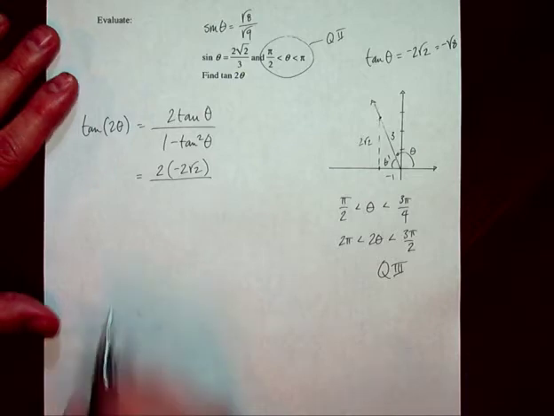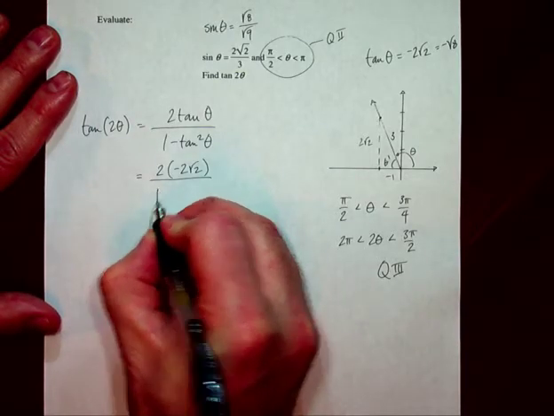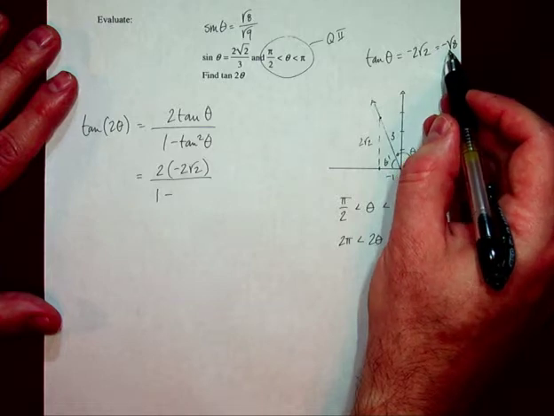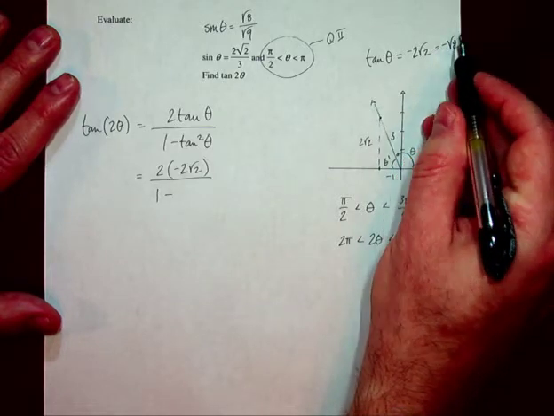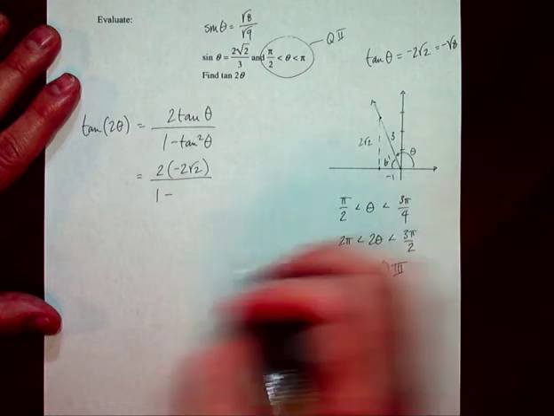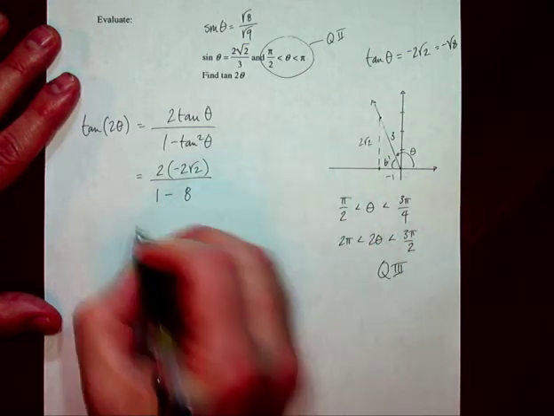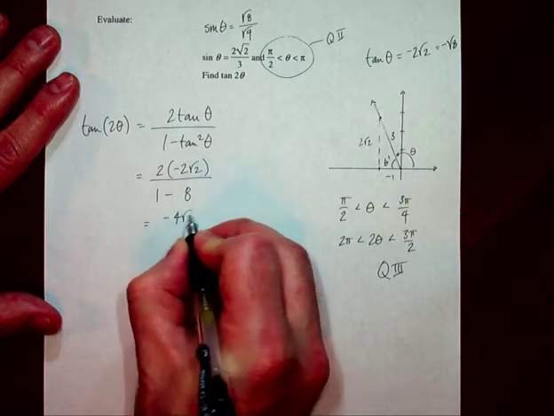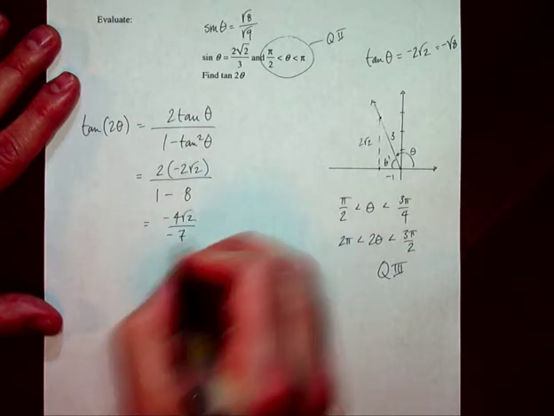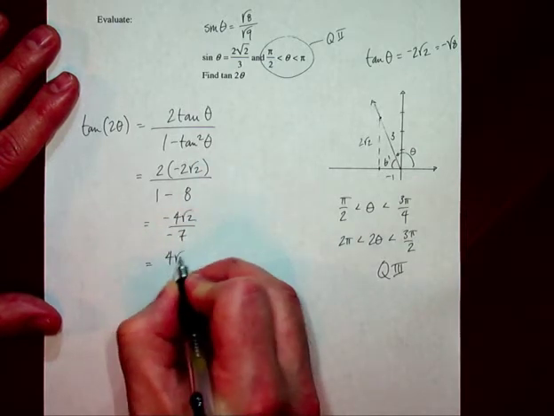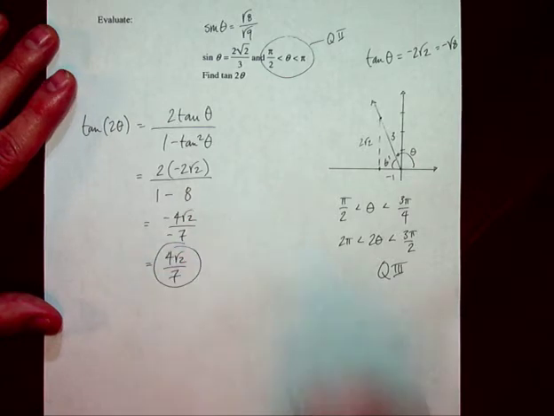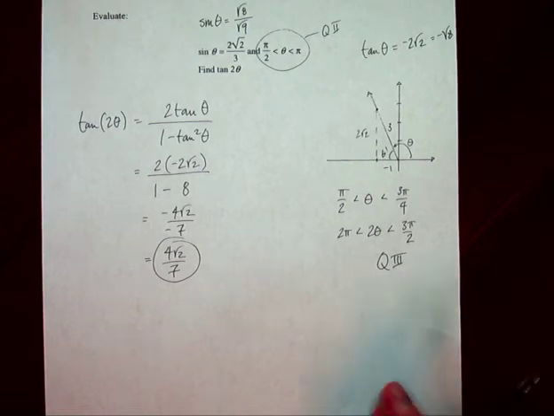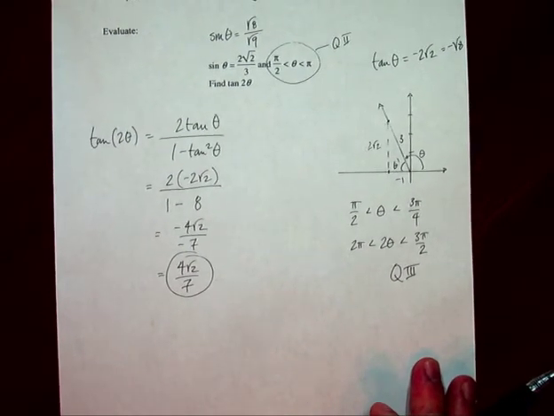And then it's going to be 1 minus, and when you square root 8 or -√8, the negative goes away and the root goes away and you get 8. So you're going to wind up with -4 root 2 over -7, or 4 root 2 over 7. And it turns out positive, confirming the fact that it winds up being in the 3rd quadrant.